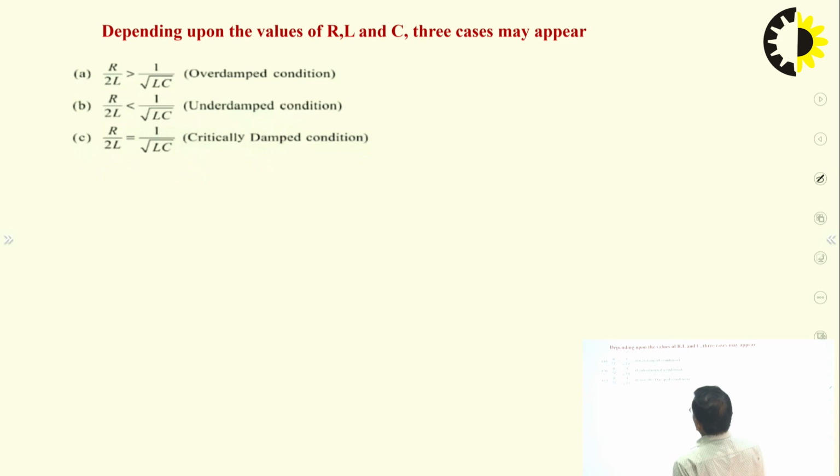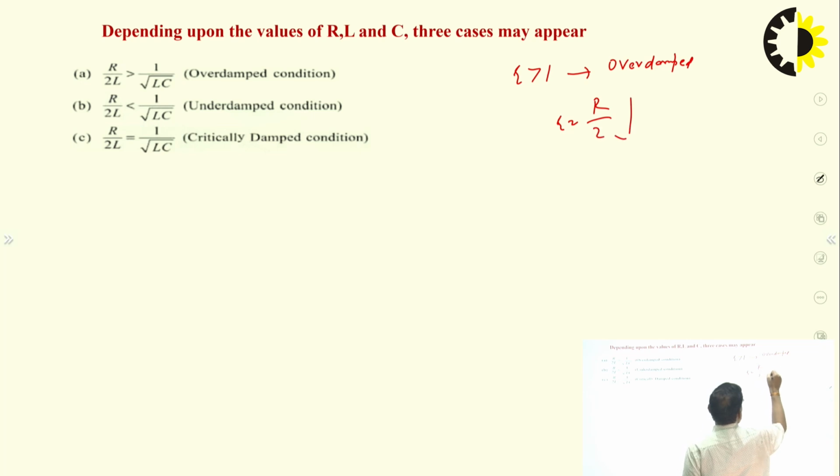Depending upon the values of R, L and C, there are 3 cases. Zeta is R by 2 root over C upon L. When zeta is greater than 1, the behavior of the system is overdamped.